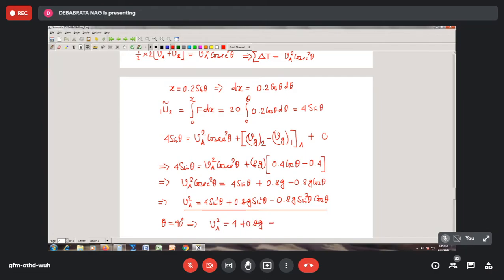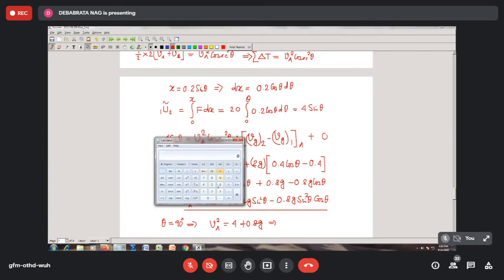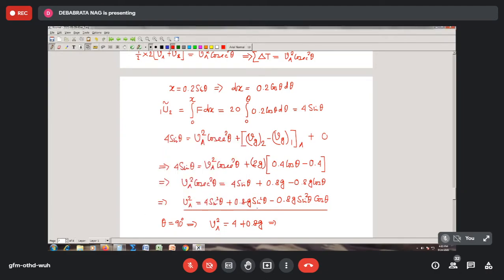So you know that 0.8 g, if you just recollect, is 0.8 into 9.81. That's 11.848, and the square root will give us 3.442 meter per second.